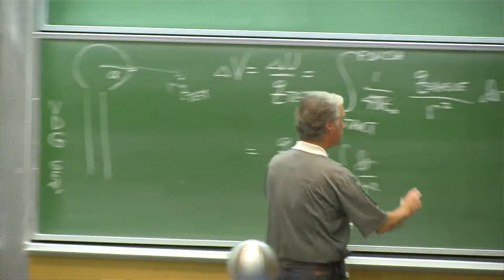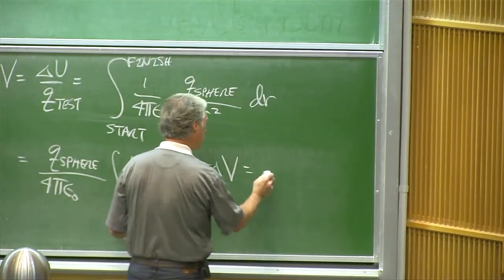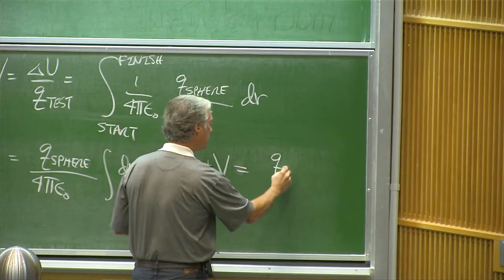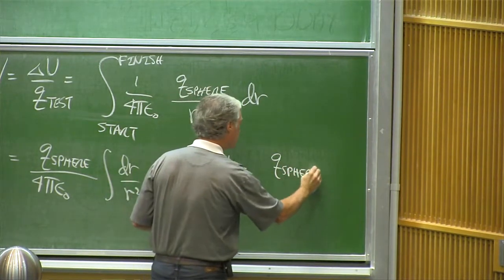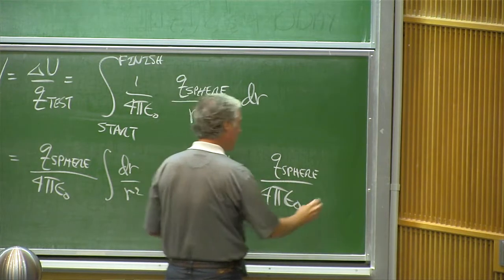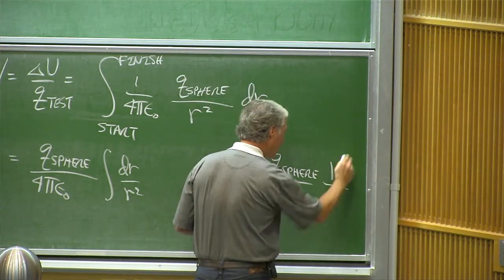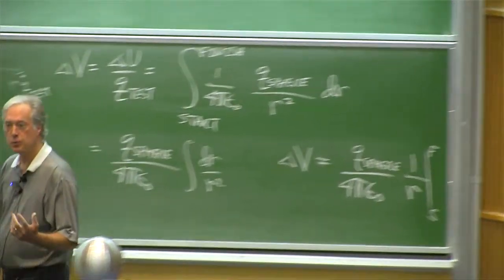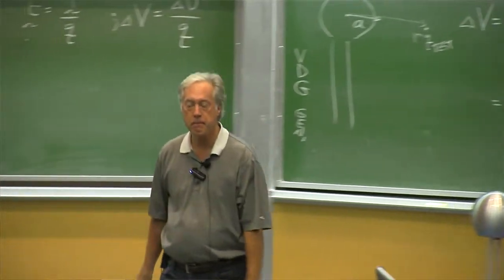So the change in potential is proportional. Well, we got a q sphere over 4 pi epsilon naught. And then we have 1 over r evaluated from start to finish. And do we need to put a minus sign in?